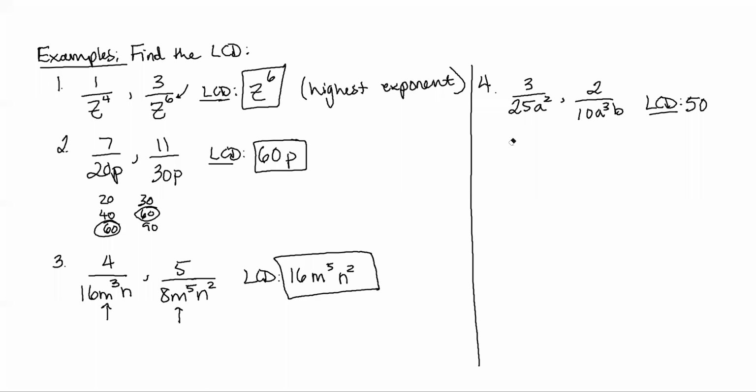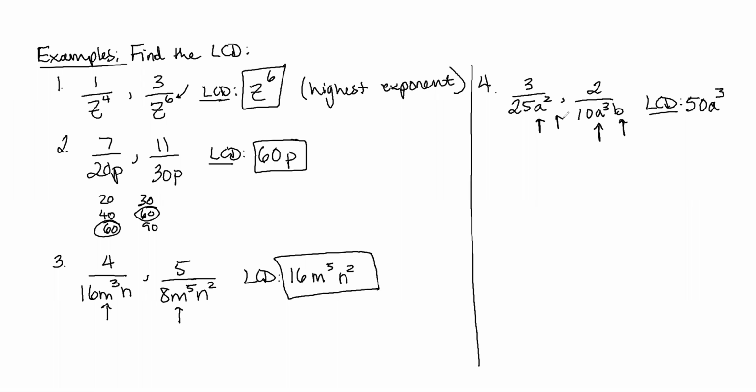And now if we look at our variables, we have 2 a's in the first fraction, 3 a's in the second one. So how many a's do we need in our LCD? Well, we need the largest number, so we need an a cubed. And then lastly, we have 1 b in the second fraction, but no b's in the first fraction.